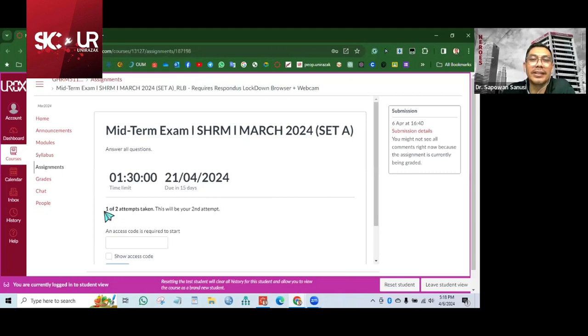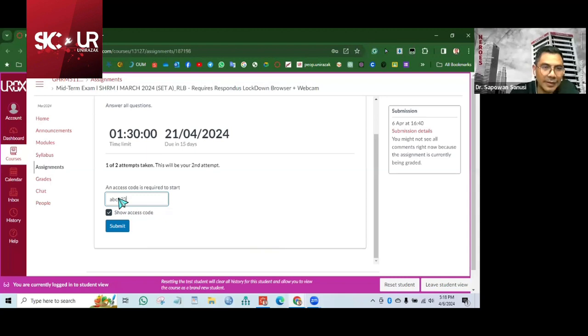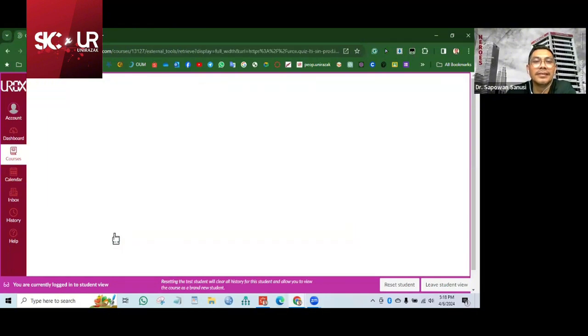First attempt saya dah try tadi kan. Dia kata separate submission detail, you might not see all the comment right now because assignment is currently being graded. Kan? ABC 1, 2, 3. Okay, submit. Begin. Okay, dia akan jadi macam ni.